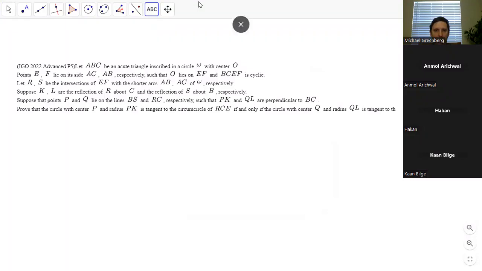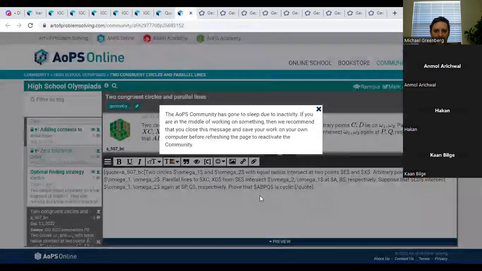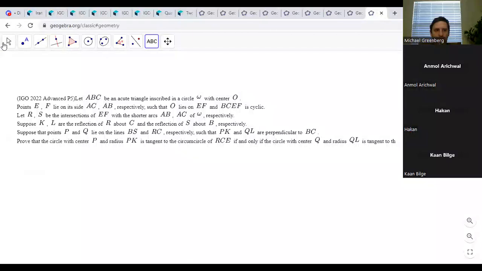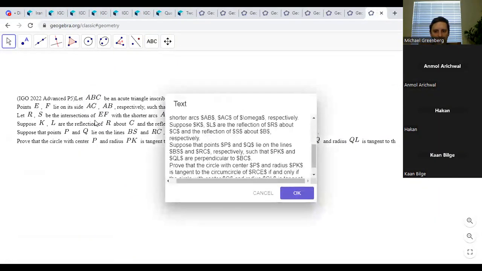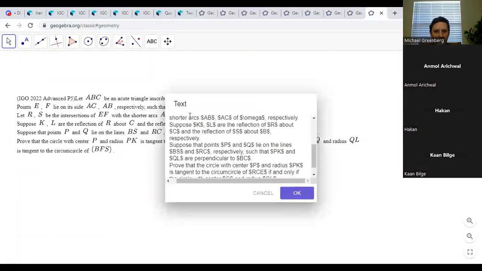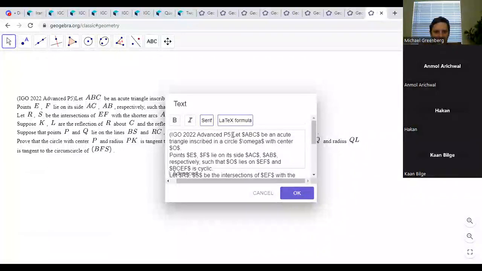If and only if the circle with center Q and radius QL is tangent to the circumcircle BFS. All right, let's do this. See where we can get.